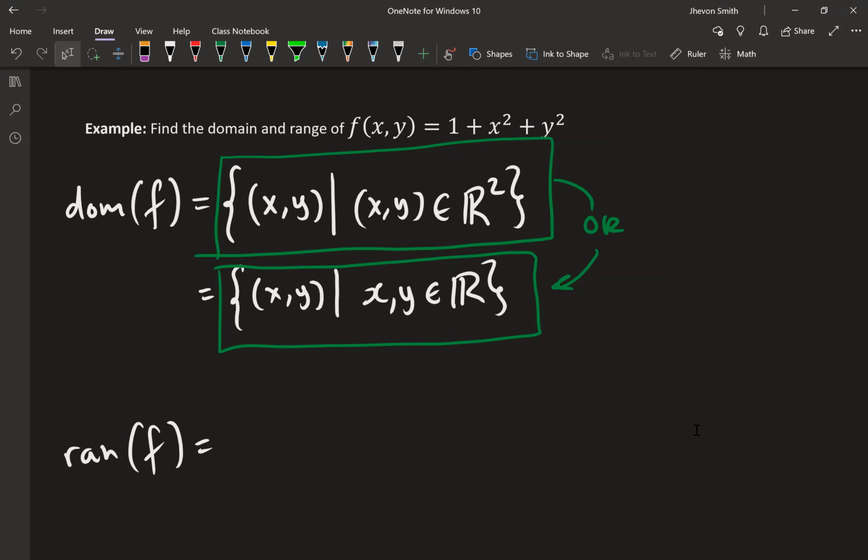Greater than or equal to 1. What is greater than or equal to 1? What does the range describe? Right, the range describes the output, the z values in our case. So don't just say greater than or equal to 1, say z is greater than or equal to 1. How do you write that down?